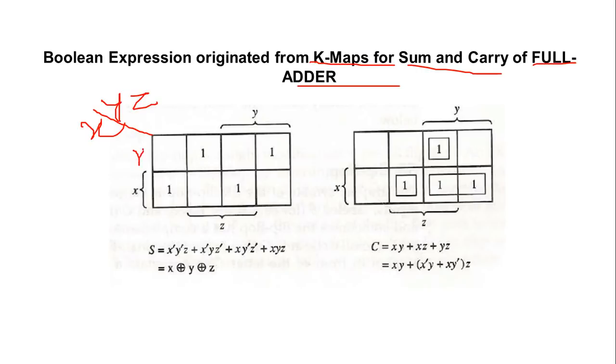This is x complement and this is x. This is going to be x, y bar, z bar. This is y bar, z bar, and y bar and z, right? So this will be yz, and this will be y and z bar, right?